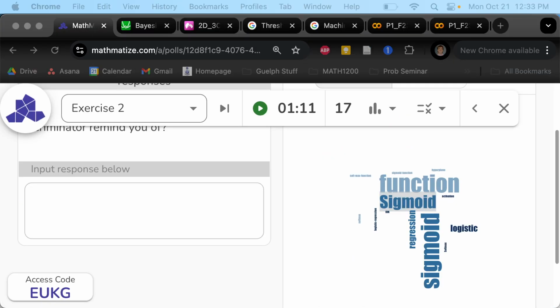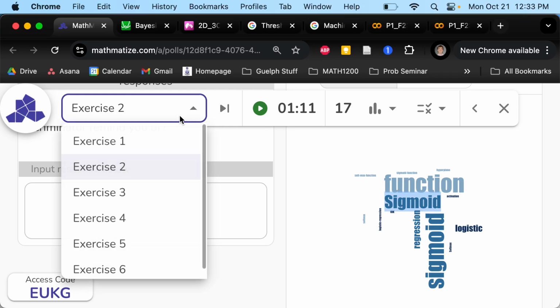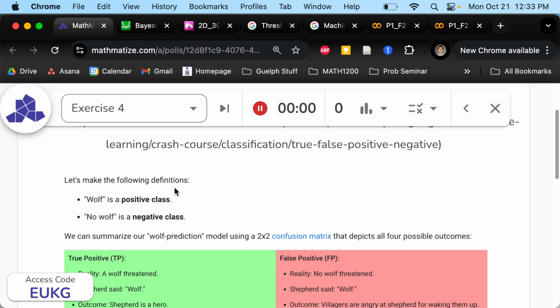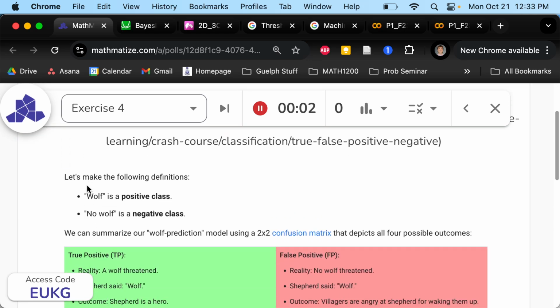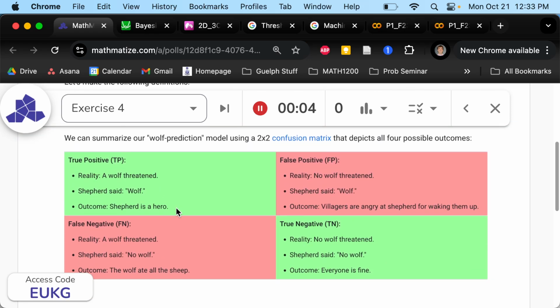I came up with this little example problem over here. Exercise 4. Okay, so this is what I'm going to ask us. When we're classifying things, sometimes things are not symmetric. Up until now, we have been saying that you want to get the classes right.